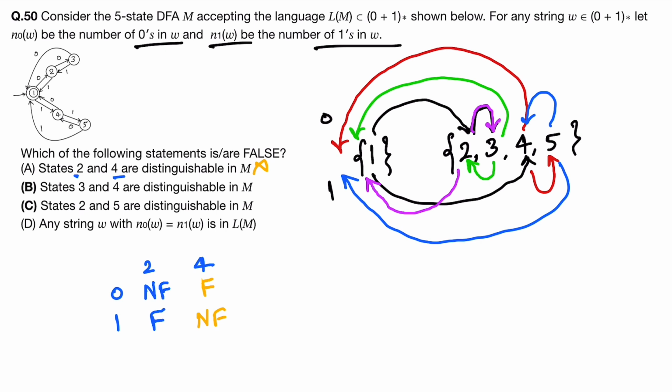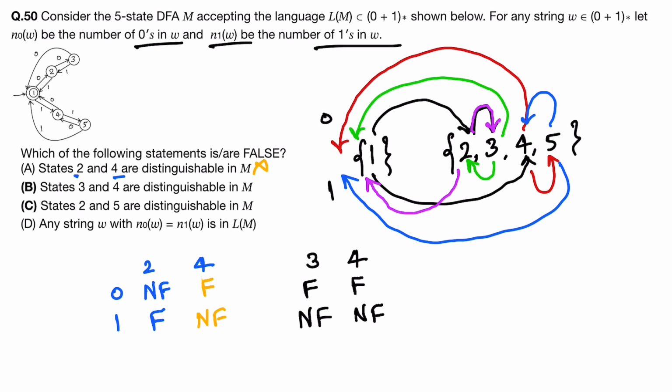Next option, 3 and 4. 3 on 0 goes to the final state. 3 on 1 goes to a non-final state. 4 on 0 goes to the final state. 4 on 1 goes to a non-final state.